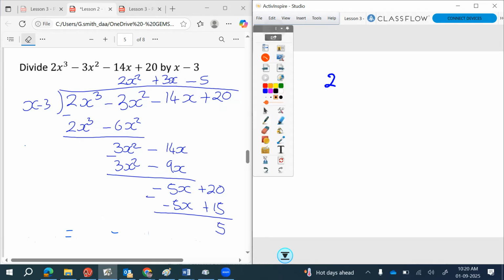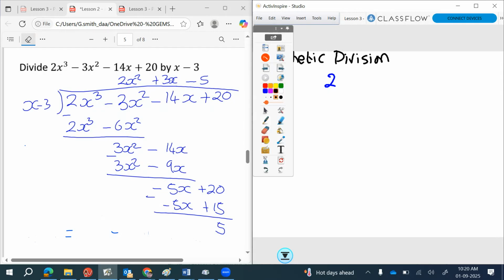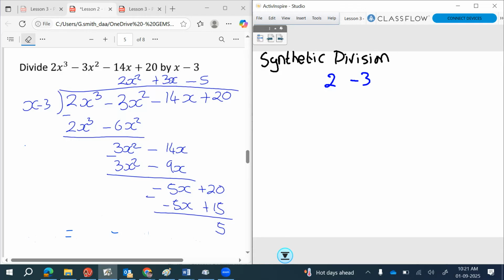This is called synthetic division, or Horner's algorithm. Take your coefficients, 2, minus 3, minus 14, 20.